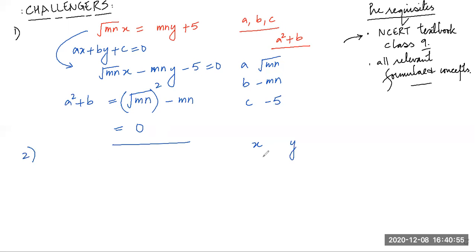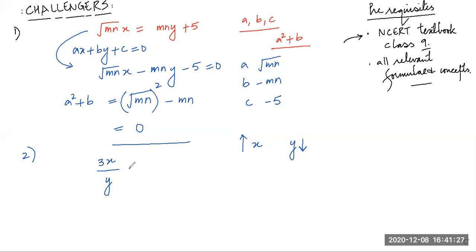Now we will imagine that the larger number is x and the smaller number is y. Now he says 3 times the larger number, so that is 3x. 3 times the larger number is divided by the smaller one, that is y.